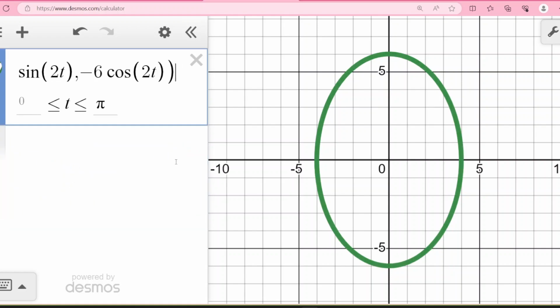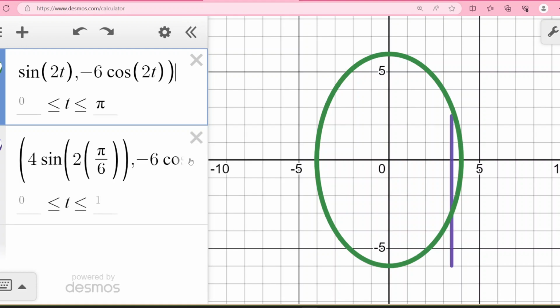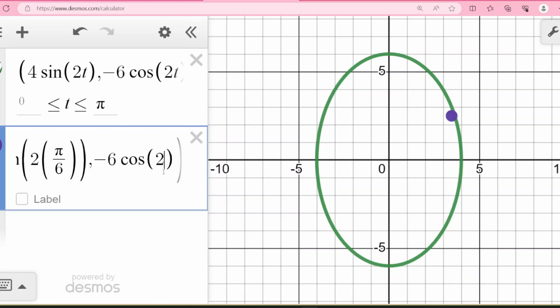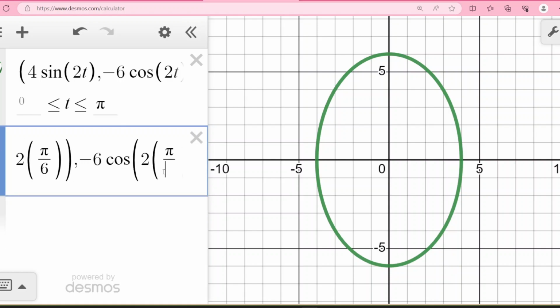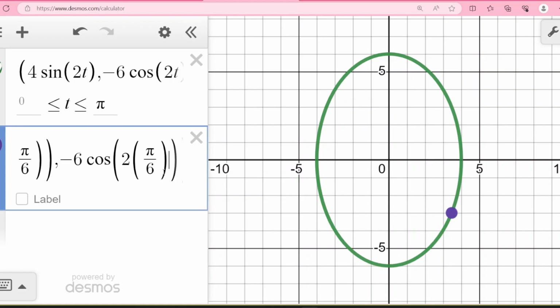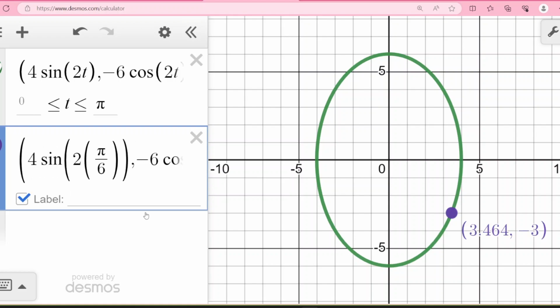And then for the y coordinate, same thing. I'm just going to replace t here with pi over 6. So there's the point when t is pi over 6, and let me label this. So you see this point here, this purple point on the green ellipse.